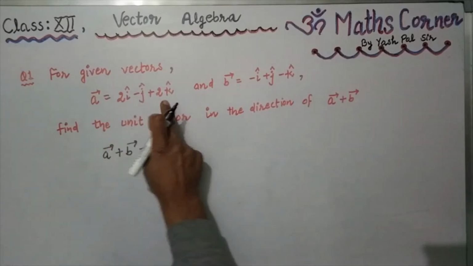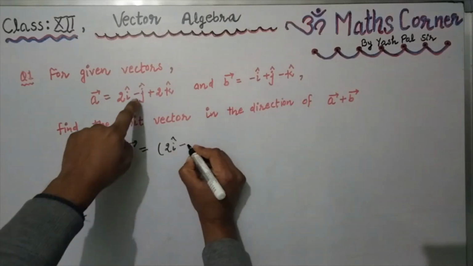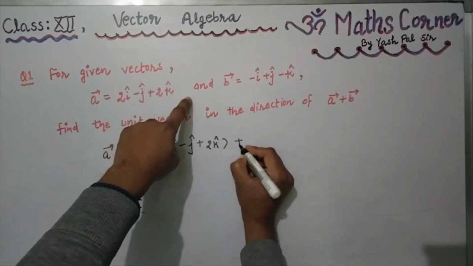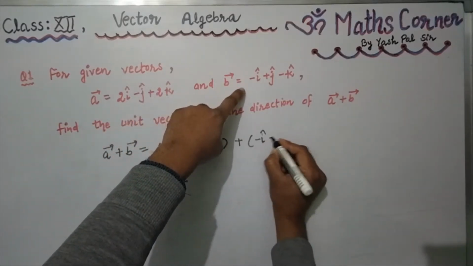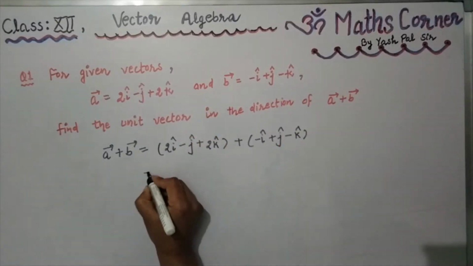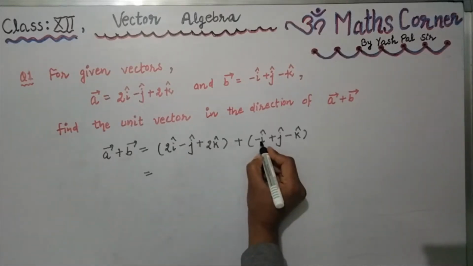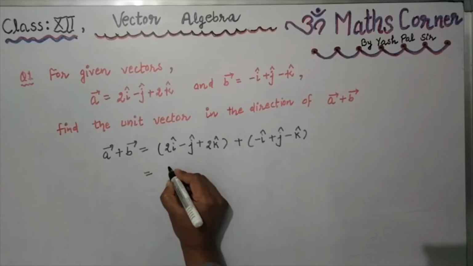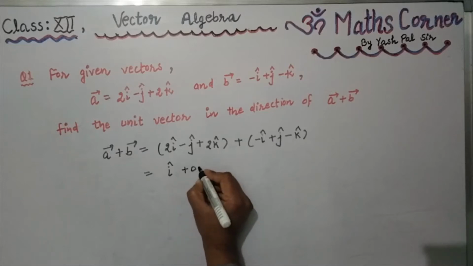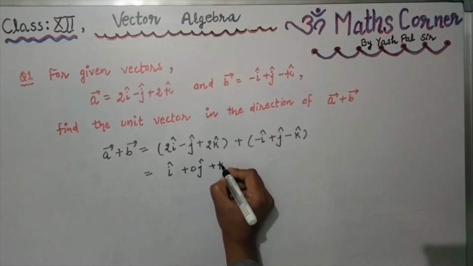We write the values of a and b as 2i minus j plus 2k plus minus i plus j minus k. Now the corresponding components of i, j and k will be added: 2 minus 1 is 1i, minus j plus j is 0j, and 2k minus 1k is 1k.